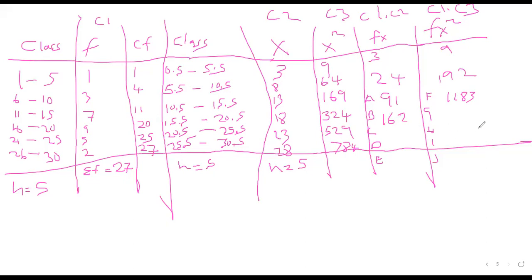And here at G, what do we get? G will be 324 by 9. Yes, which is what? 2916.